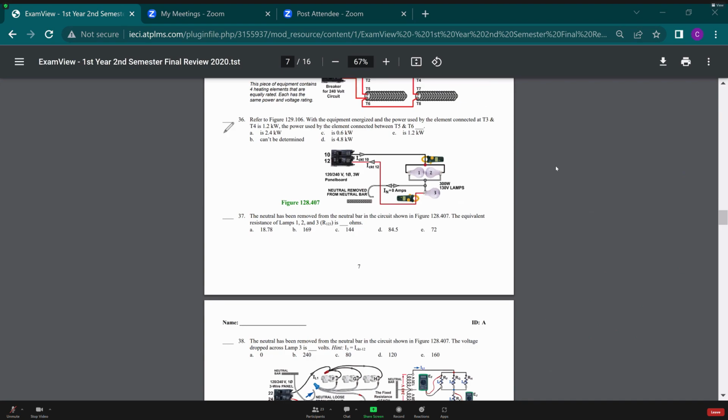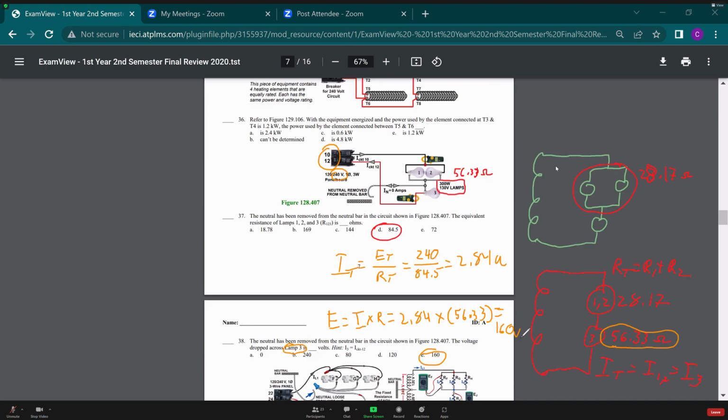Clear off. I got a question, sir. Yes, sir. What's up? Couldn't you just get the total resistance and then solve the total current, because it's a series circuit? So whatever current's flowing through 1 and 2 is going to flow through resistor 3. Yeah, that's what we did right here.